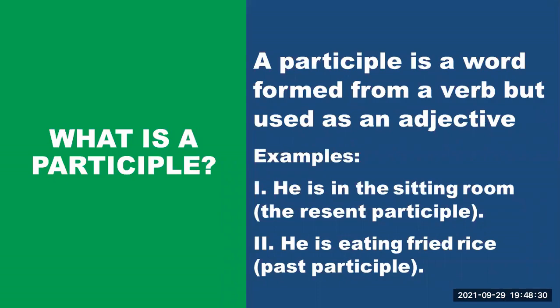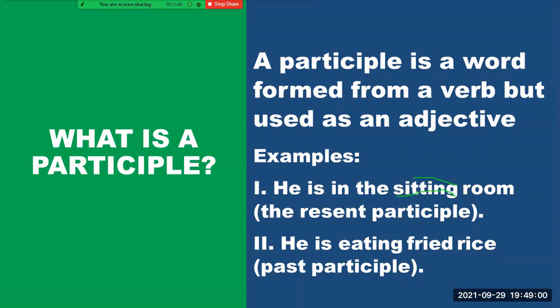What is a participle? Let's begin by looking at a participle. A participle is a word formed from a verb but used as an adjective. For example, he is in the sitting room. You can see this is a present participle, sitting room.